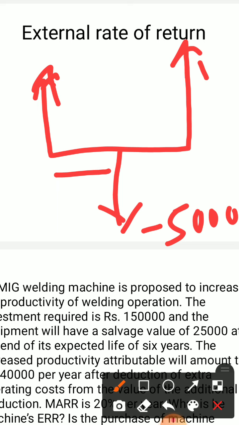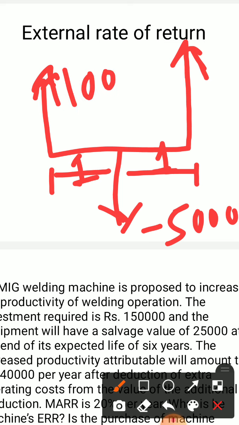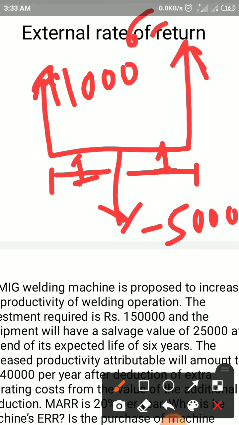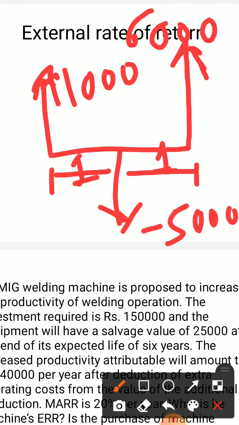This is the first year, and this is the second year, so the total period is 2 years. Some expenses are 5,000. The very first initial gain is 1,000, and after 2 years the gain is 6,000.